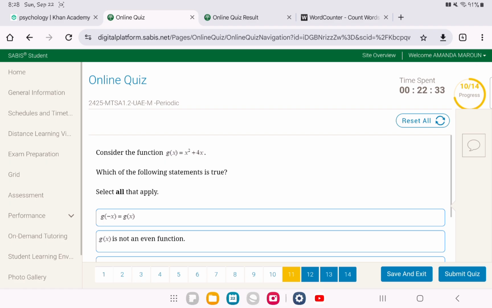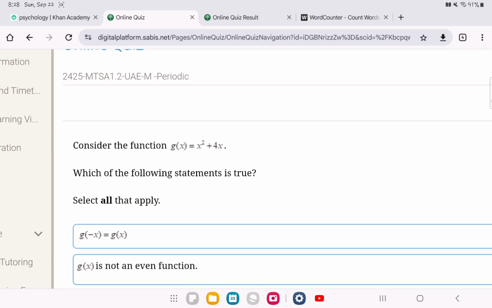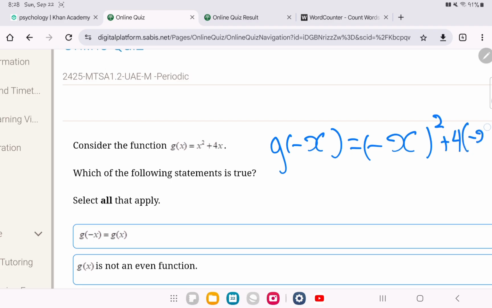Question number 11. Consider the function g(x) equals x squared plus 4x. Which of the following statements is true? So, they're telling us g(minus x) is equal to g(x). Let us see. If we put minus x here, we're going to have g(minus x) is equal to minus x to the power of 2 plus 4 times minus x.